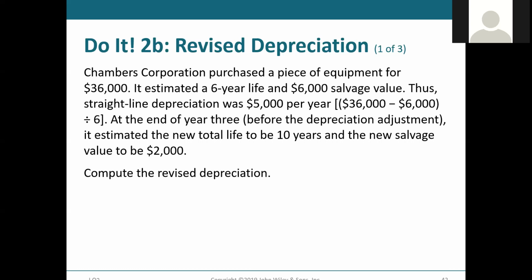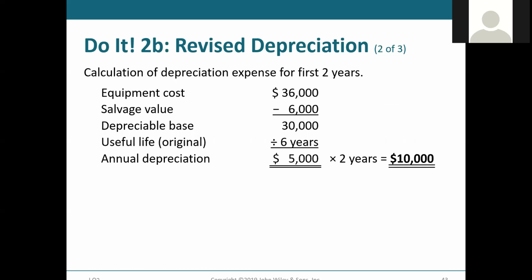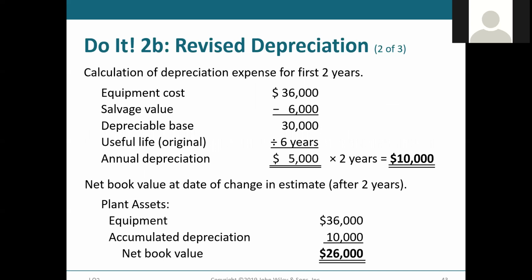This is very, very similar to what we did a couple of slides ago. We are going to have to come up with the new net book value. The original cost of the asset was $36,000. We subtract 6, and we've been over the last 2 years depreciating this thing at $5,000 a year.